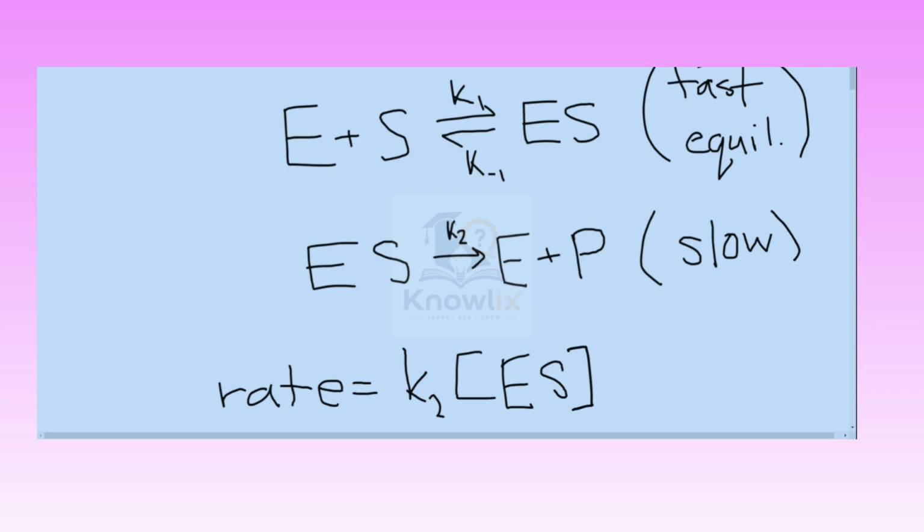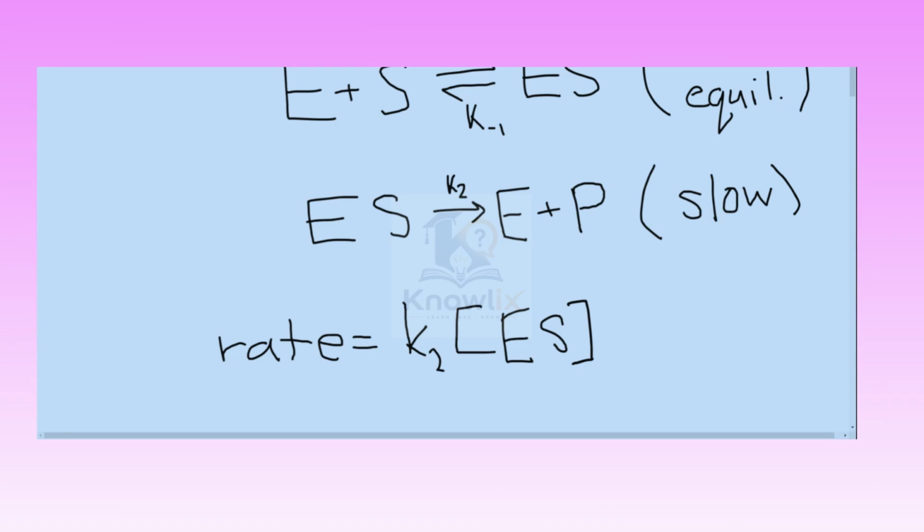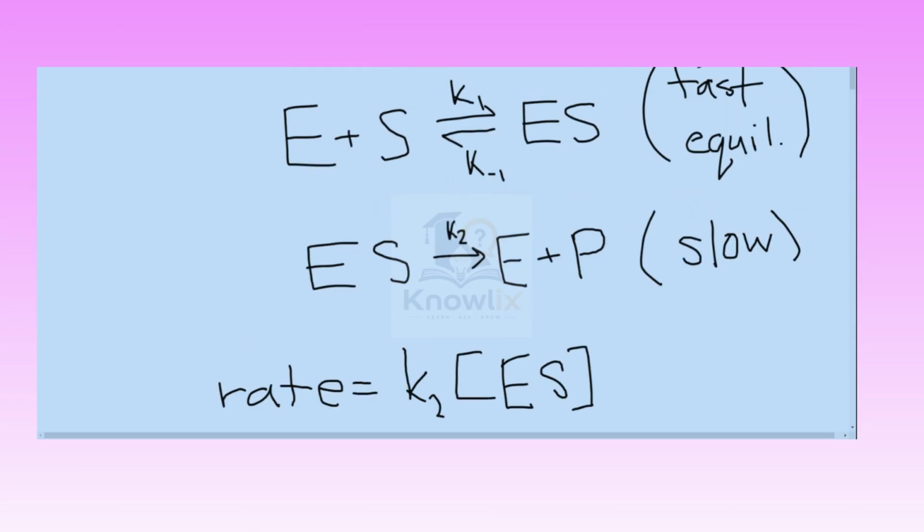But that's not our reactants. So we want to write the rate in terms of the reactants. So we have to find a way to express the concentration of the enzyme-substrate complex in terms of the enzyme and the substrate. So let's take a look at this first step right here.